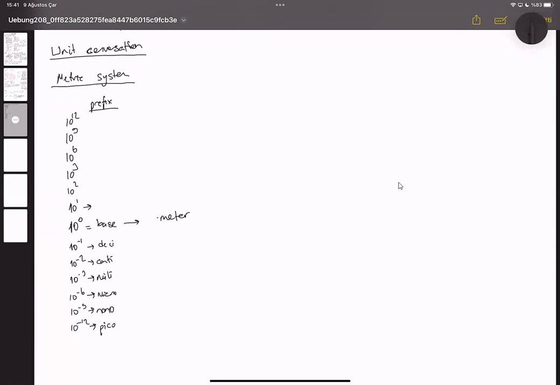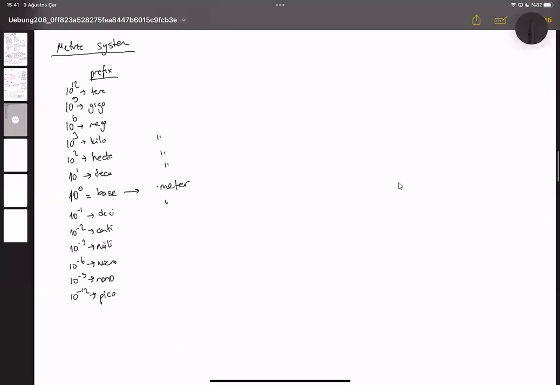For going up, deca, hecta, kilo, mega, giga, and finally tera. For example, decameter, hectameter, and kilometer. For the others, decimeter, centimeter, millimeter, micrometer, nanometer, and picometer.